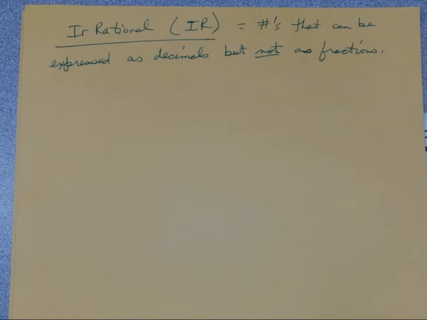If I asked you right now what an irrational number is, it's a number that does not repeat and does not terminate, which would make it not writable as a fraction.